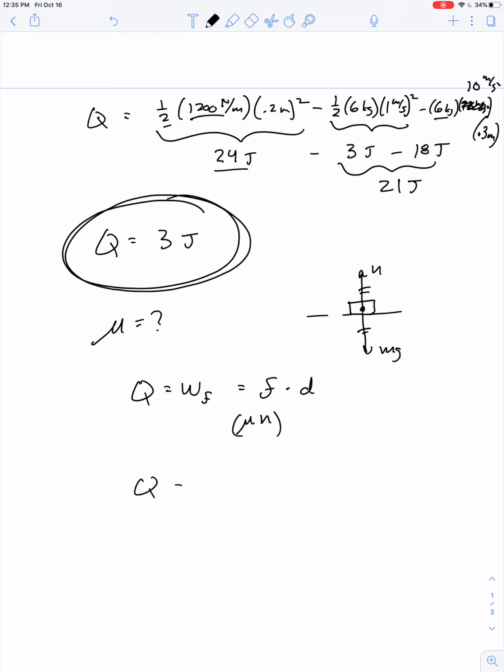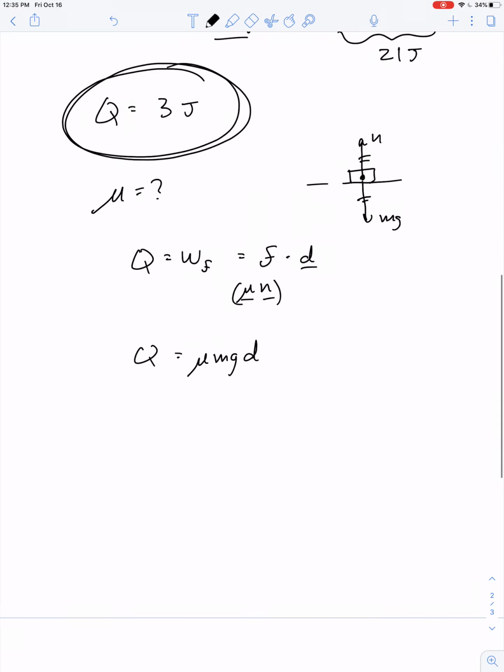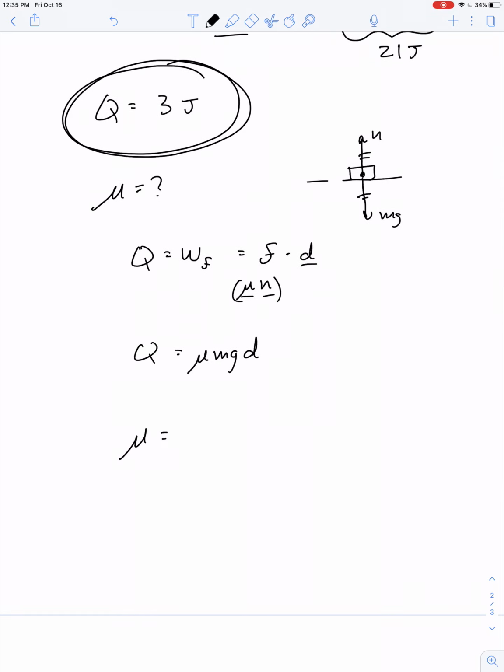So we can really say, in this case, Q is equal to mu times mg times d. So the value of mu would be Q divided by mgd, 3 joules divided by 6 kilograms times 10 meters per second squared times 0.15 meter.